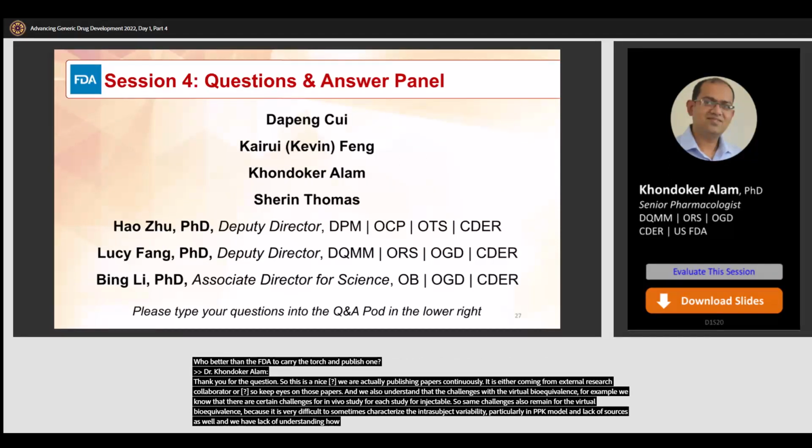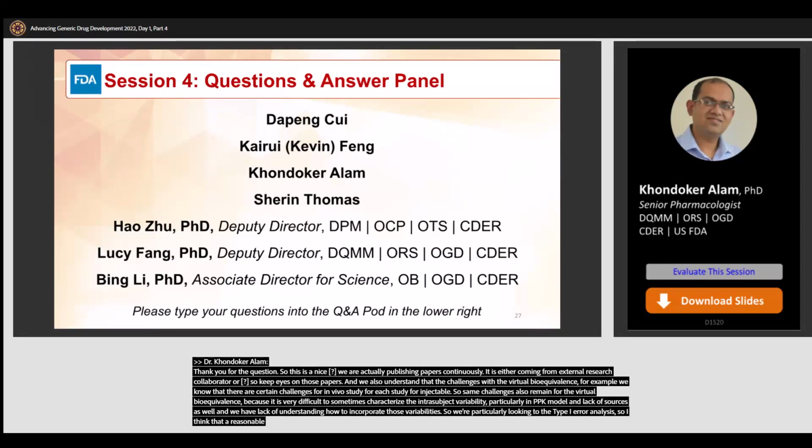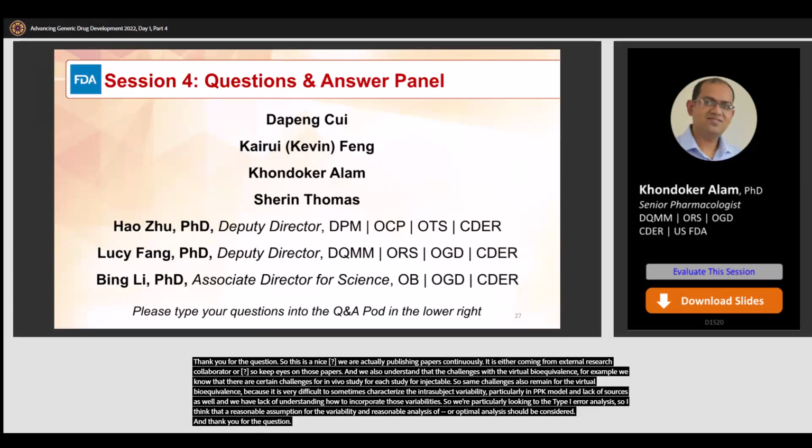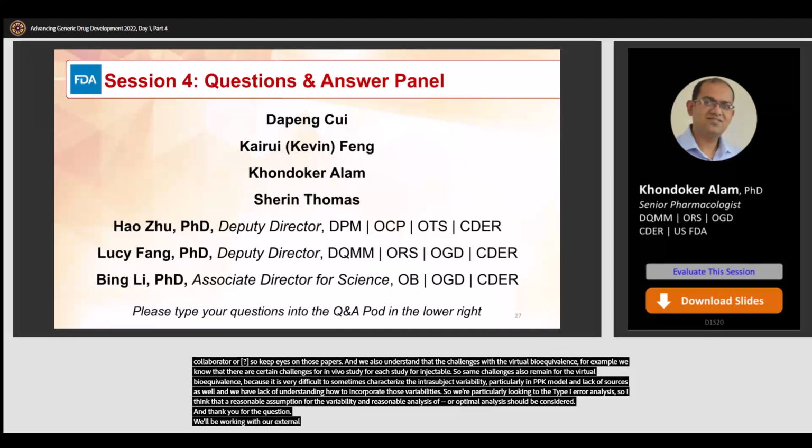So for virtual bioequivalence for crossover study design, we particularly look into the risk assessment, for example, the type 1 error analysis. Any reasonable assumption for the inter-subject variability and reasonable or acceptable optimum analysis for the type 1 error should be considered. Thank you for the proposal. We'll be working with our external and internal collaborators to publish those papers on virtual bioequivalence.